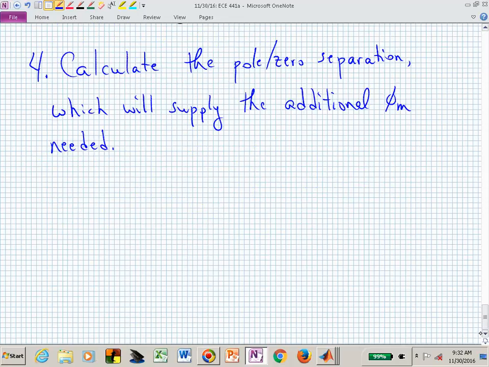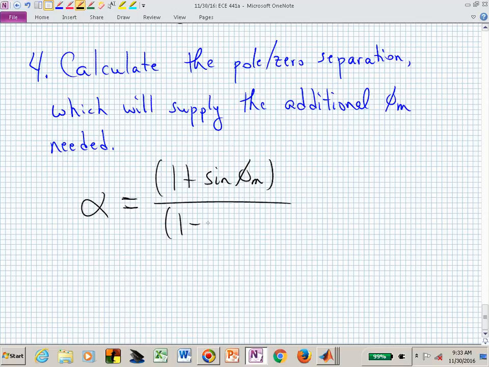And we have an equation for that. We can now find alpha, which is the difference between our pole location and the zero location. Alpha is now 1 plus the sine of phi sub m over 1 minus the sine of phi sub m.